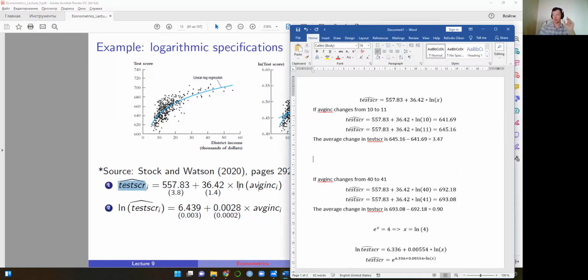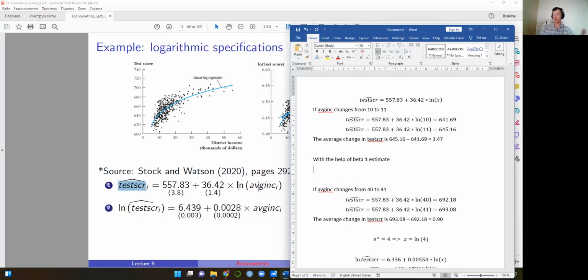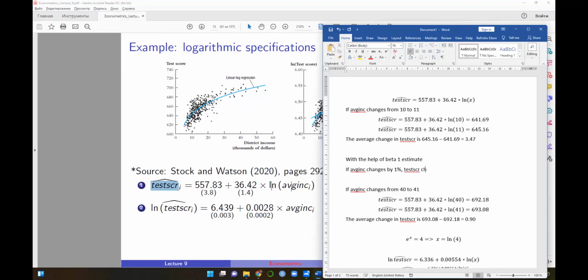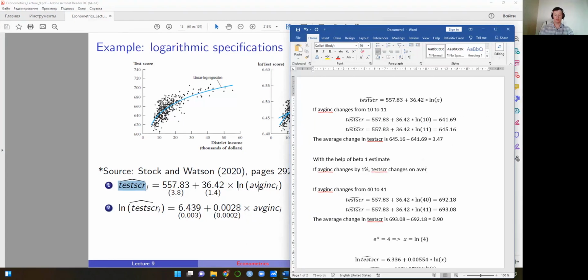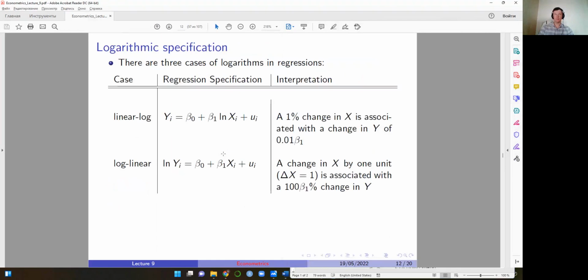Once again, let me demonstrate. With the help of the beta 1 estimate, I might have said the following. If average income changes by 1%, test score changes on average by 0.3642. Well, we had this interpretation here.